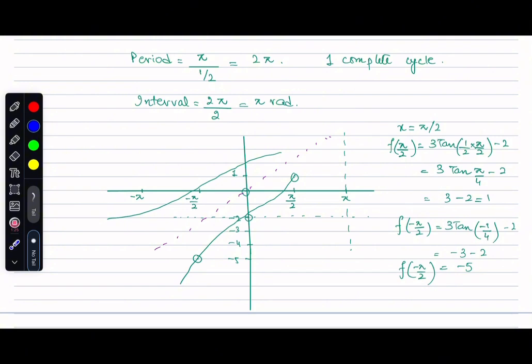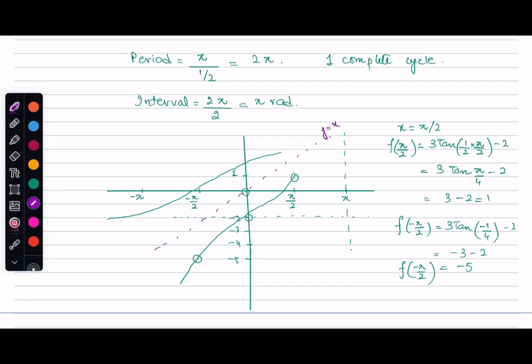To get the inverse, I simply have to plot the values as a reflection along the line y equals x. So I have drawn the line y equals x on this dotted line.